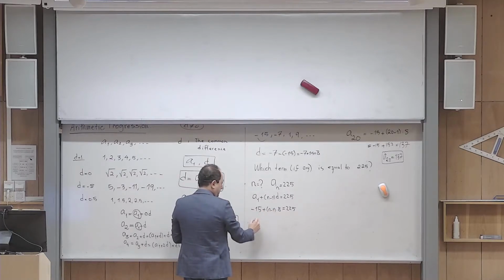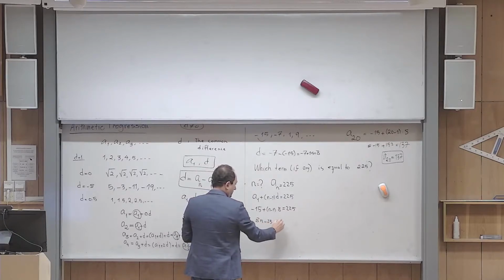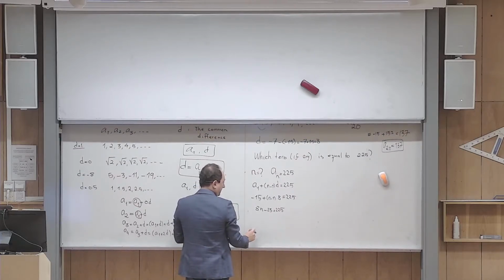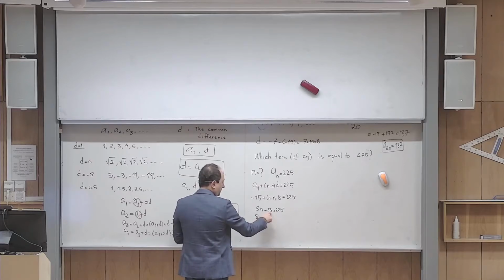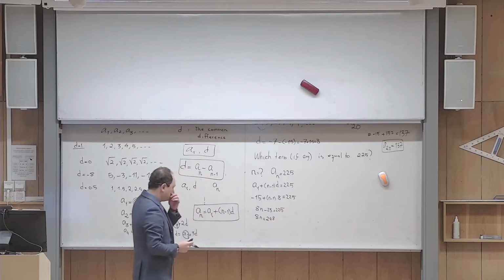It becomes 8n minus 8 minus 15, which is minus 23, equal to 225. Yes, so 8n becomes, I add 23 to this one, 248. Where did you get minus 23 from?